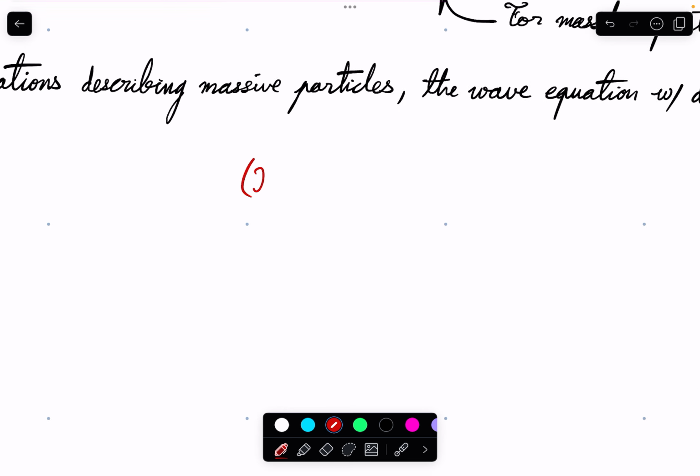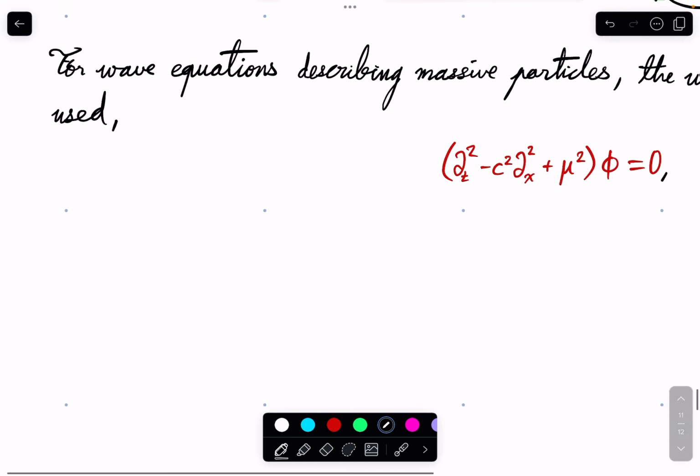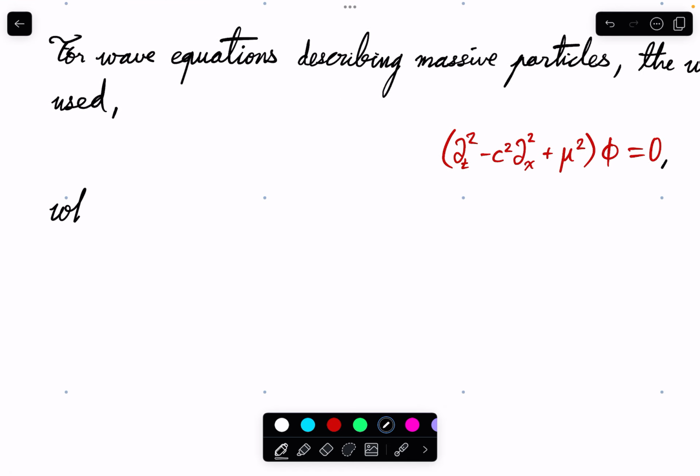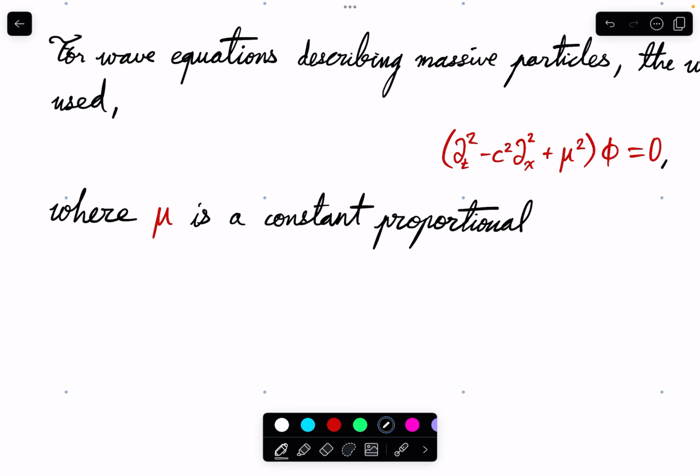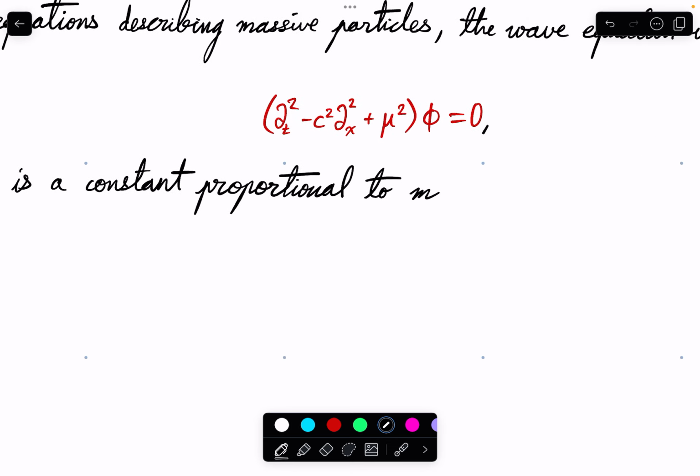And what this looks like is dt squared minus c squared dx squared plus some constant mu squared, phi equal to 0, where mu is a constant proportional to mass.